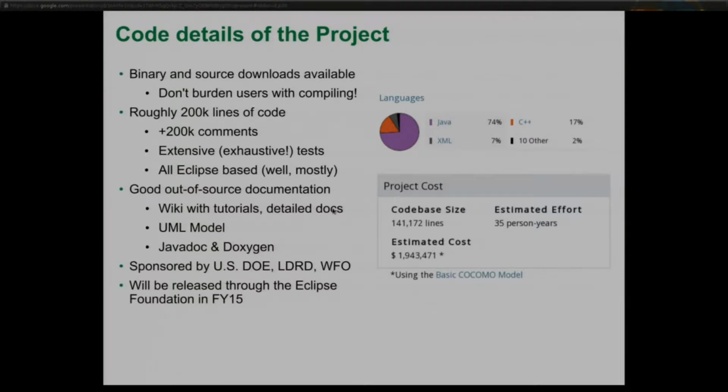The estimated cost is a little old here. It's an old picture, I think, but it is spot on. And so our estimated cost this year is about $2.5 million over 5 years. An estimated 35 years of person effort. That's a very interesting number, and in fact true. Everyone who works on the team now and who has worked on the team in the past has put in a backbreaking amount of effort to make this happen.